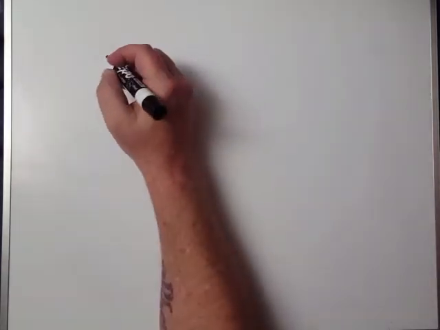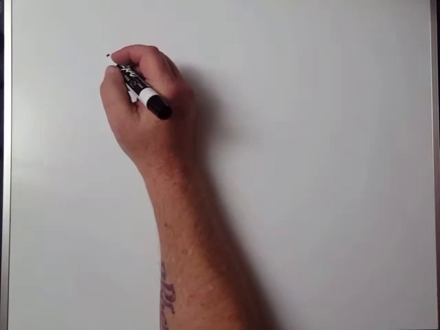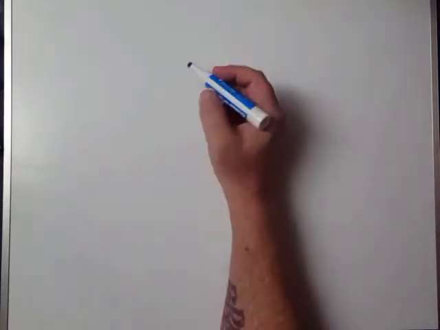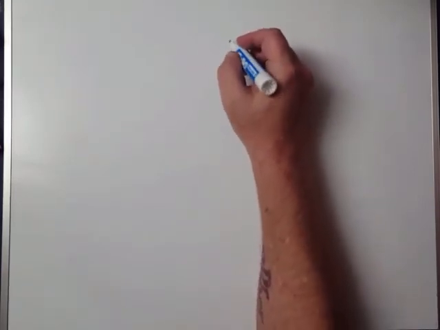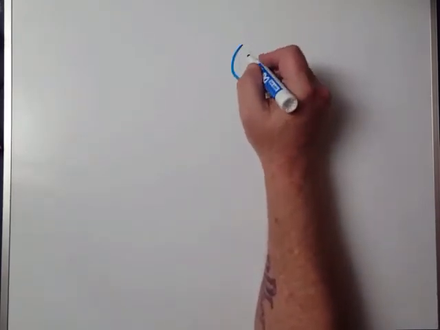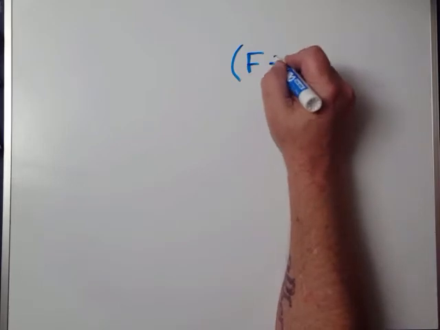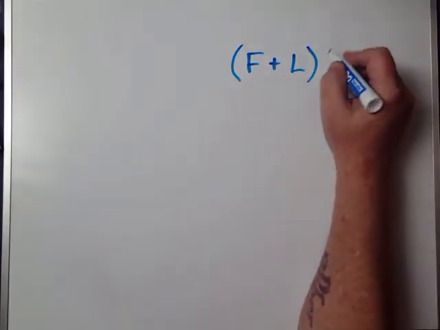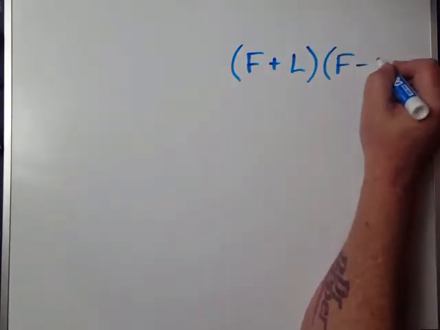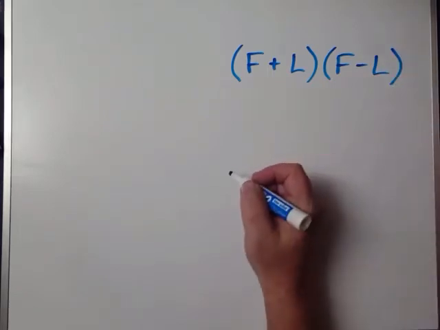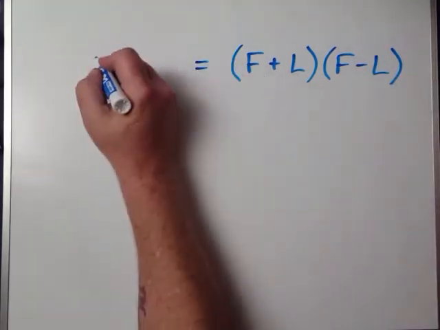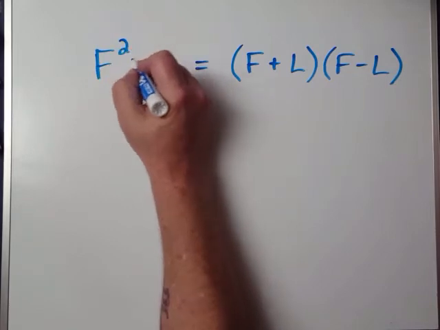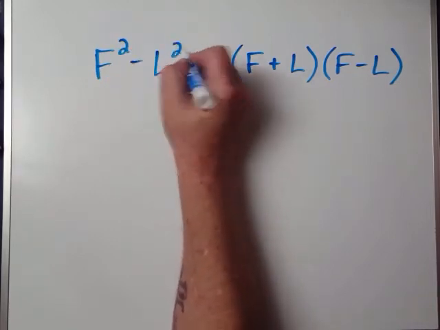And the first one comes from our look at special products back in section 4.6. In 4.6, we had a rule that said if we have the product of a sum and difference of the same two terms, the result would always be the first squared minus the last squared.